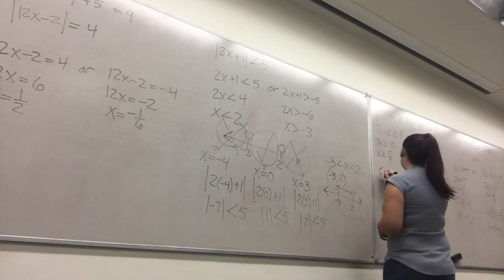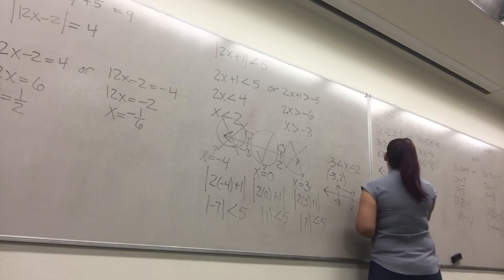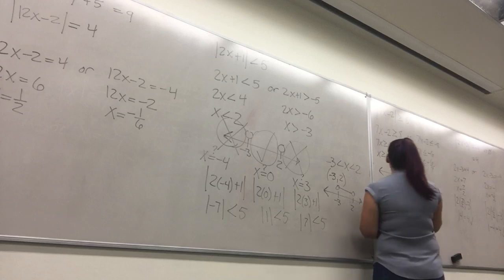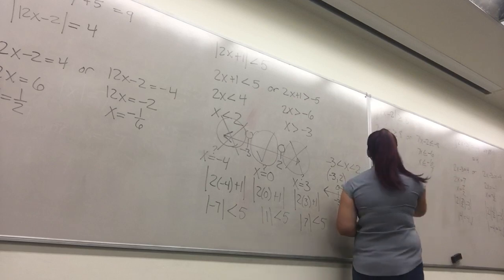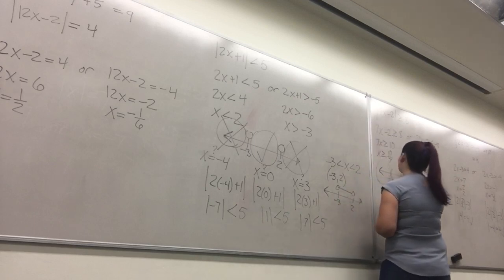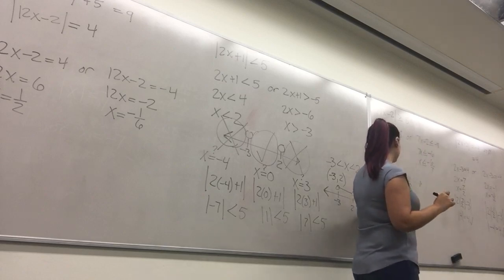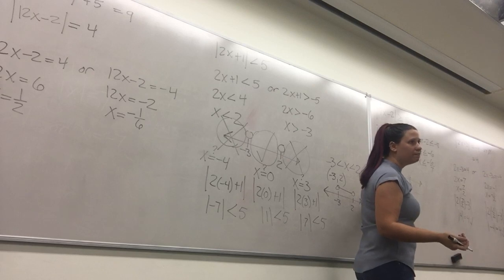Alright, let's do the number line again. So we have -6 sevenths, and we have 10 sevenths. Approximately, think about those numbers, right? When we want to do the sections, it doesn't matter exactly what they are. If we want to choose something here, think, okay, that's not quite -1, right?